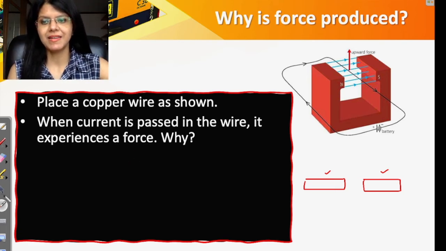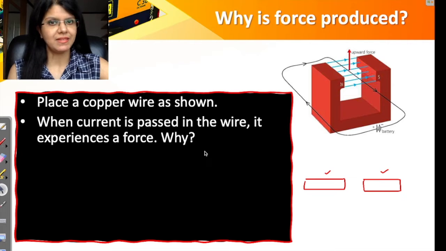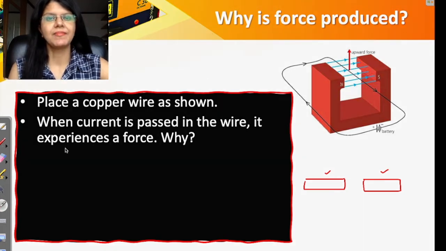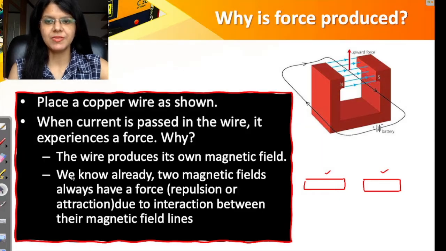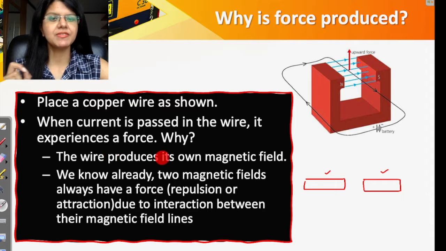And this is exactly what answers this question. Why is force produced? The wire produces its own magnetic field. And we already know that two magnetic fields always have a force. Now this force can be a repulsive force or an attraction force due to interaction between their magnetic field lines.